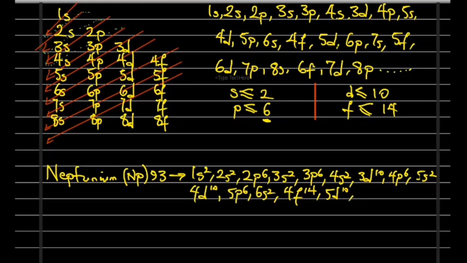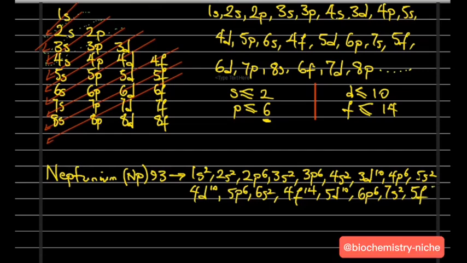And then after d, 5d, we have 6p. So that's 86, 88. 88 out of 93 will give us 5, so we'll put that here.